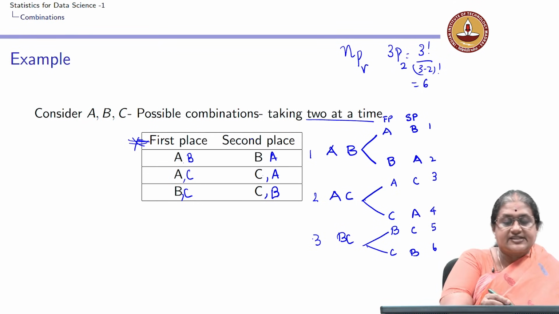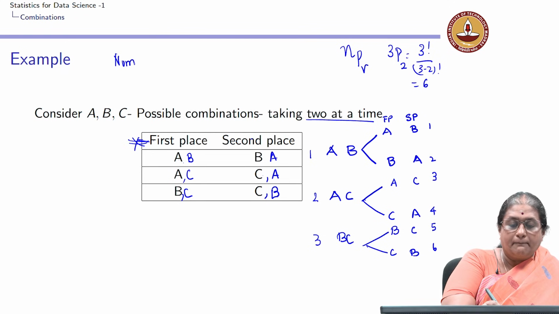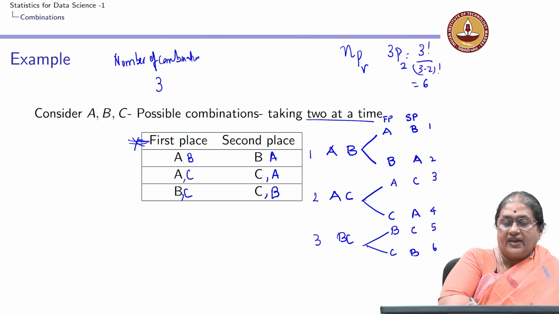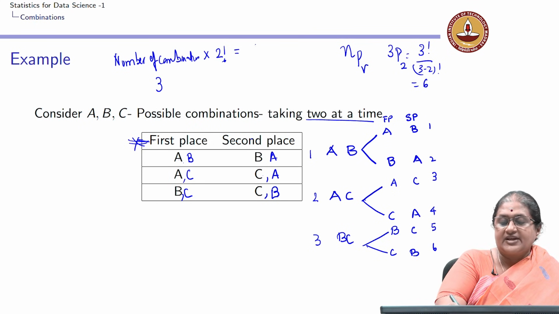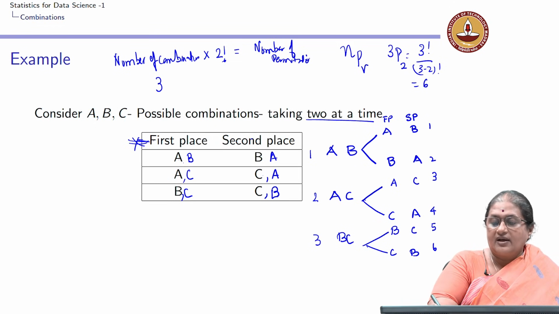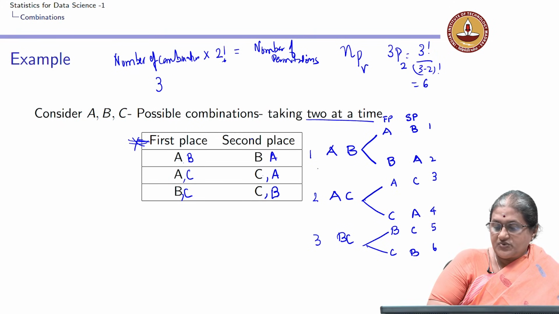So, from this example the number of combinations is equal to 3. Each combination is giving rise to 2 factorial, or 2 permutations. I repeat, the number of combinations, which is 3, each one is giving rise to 2 factorial, or 2 permutations.